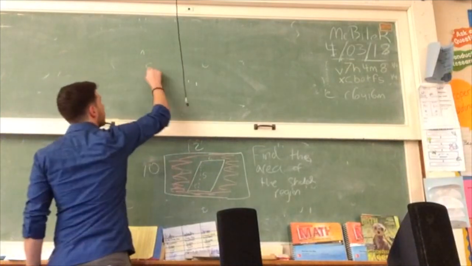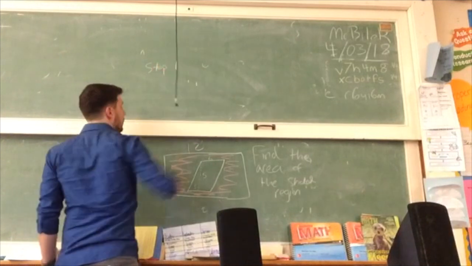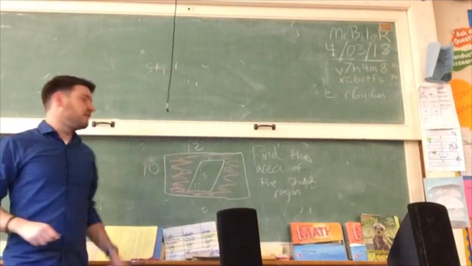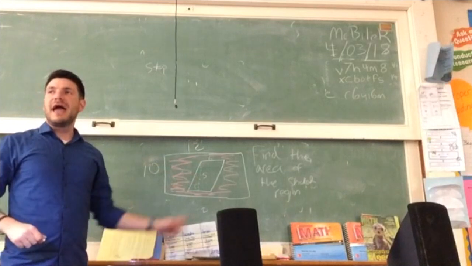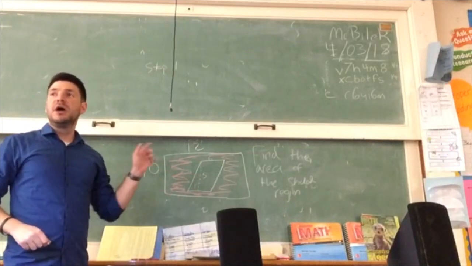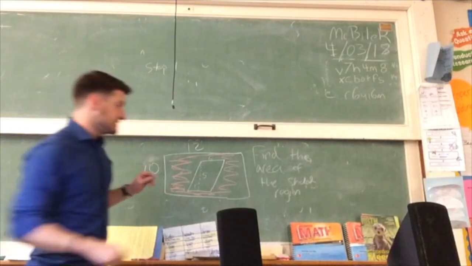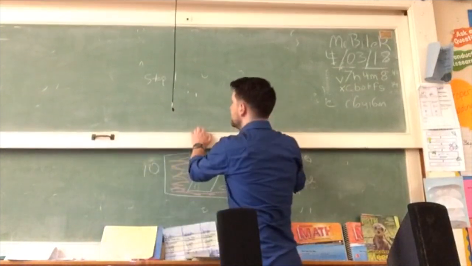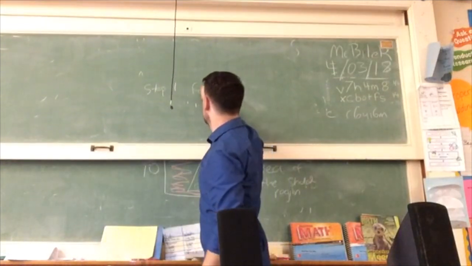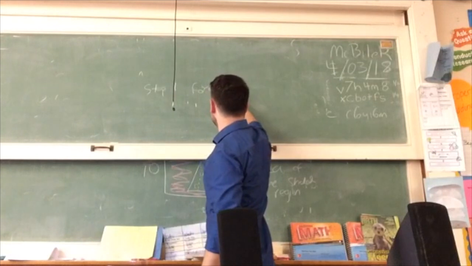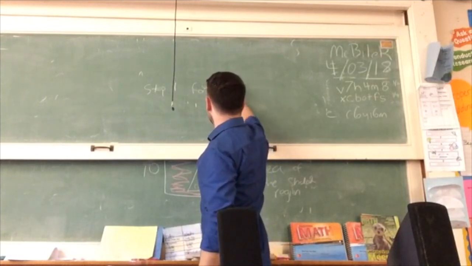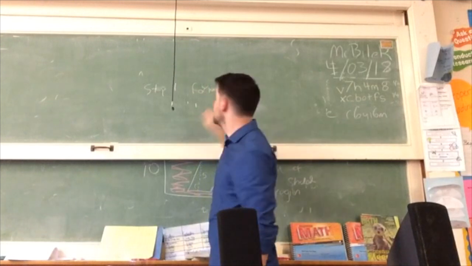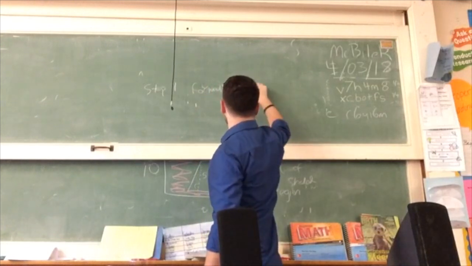Step 1. We have to find the area of both this rectangle and this parallelogram. Lucky for us, the formula is the same. So I'm going to put this down here. Here's our formula: base times height.